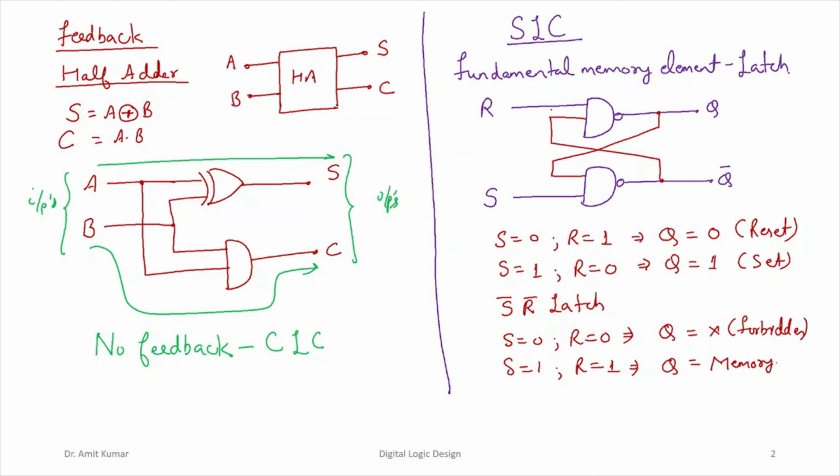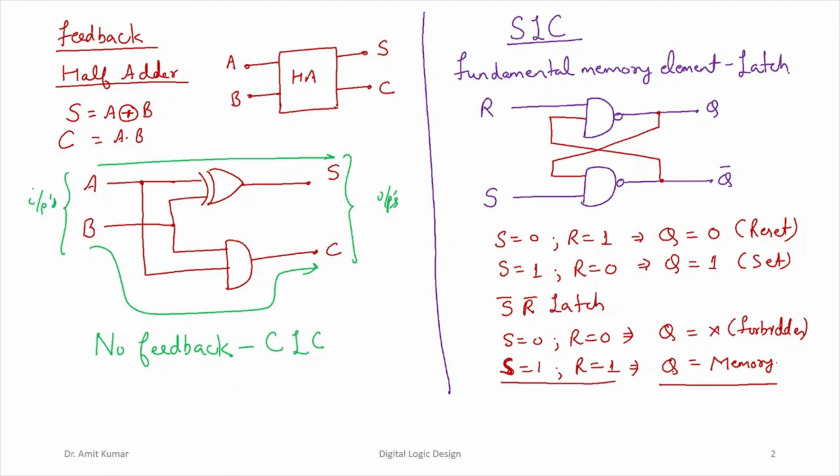So that is why, since this circuit, which is the fundamental circuit of sequential logic circuits, the fundamental memory circuit, is constructed using NAND gates, we call this the S bar R bar latch, since it has the capacity to retain the value which was previously present at the output terminals if both of the inputs, S and R, are 1.